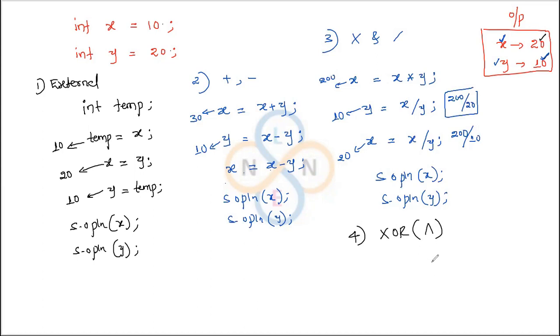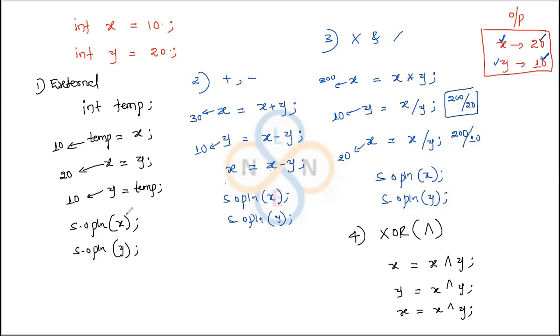So what we're supposed to do is x XOR y, and assign this result back to x. And again, x XOR y, assign this result back to y. And then finally, x XOR y once again, then assign this result back to x variable, that's all.